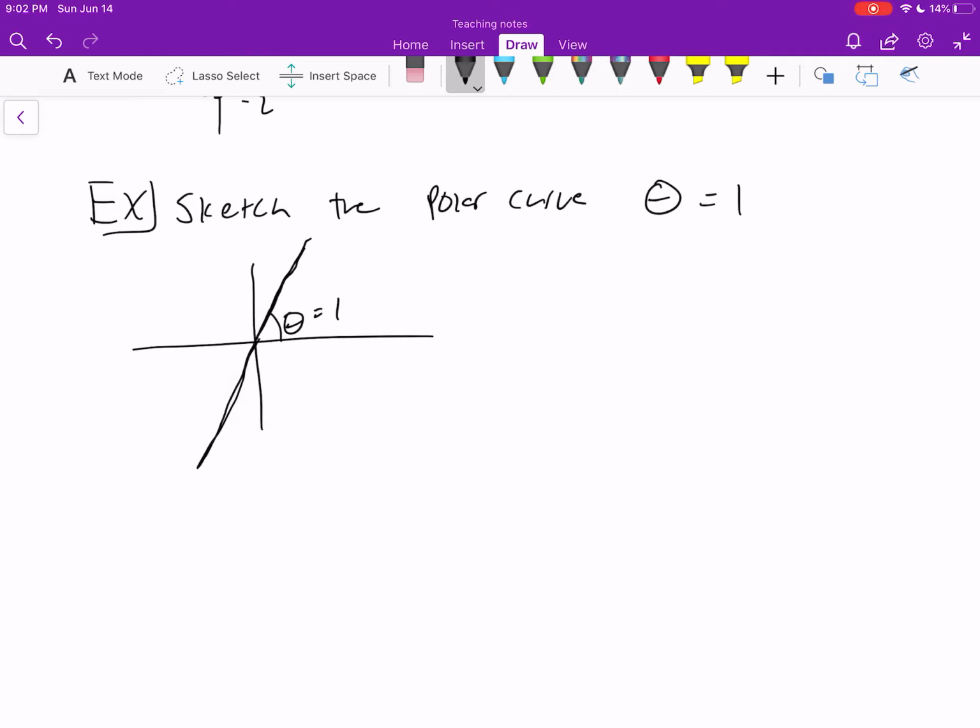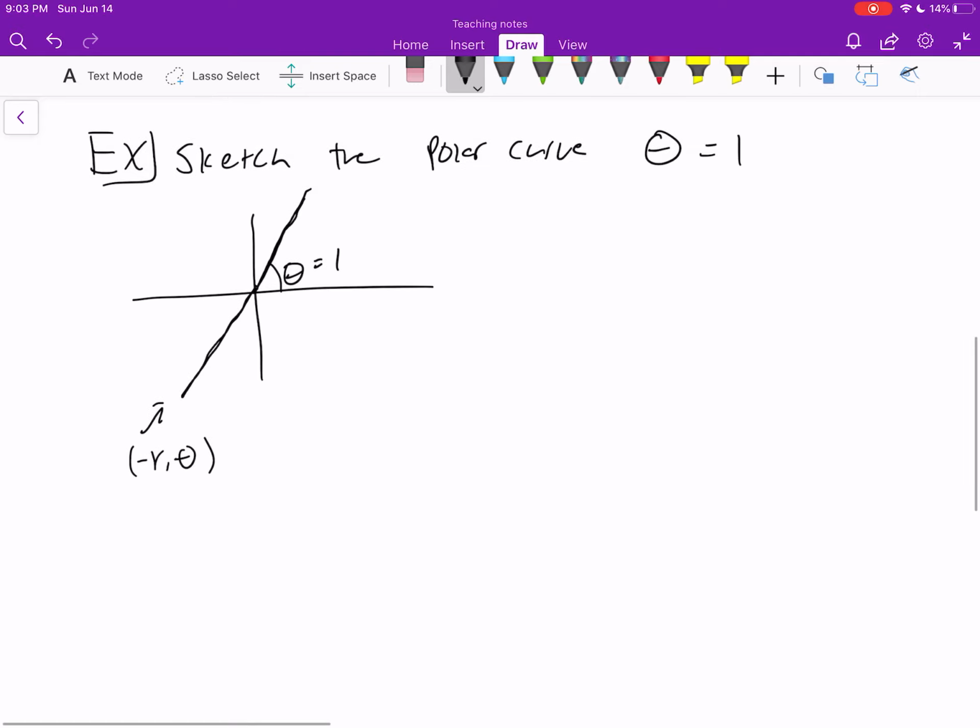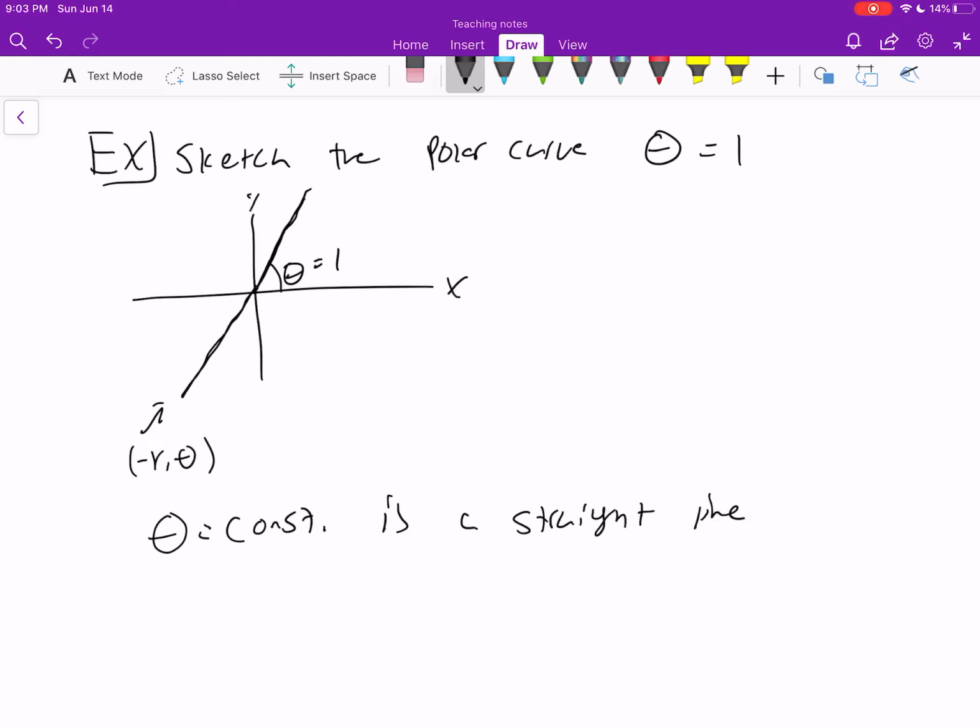If I continue that line, let me draw it a little neater, all those points also satisfy that, because these points down here, you could have negative r at theta here, and that would work still. So all of these points here determine theta equals 1. So theta equals a constant is a straight line if you draw it in the xy plane.